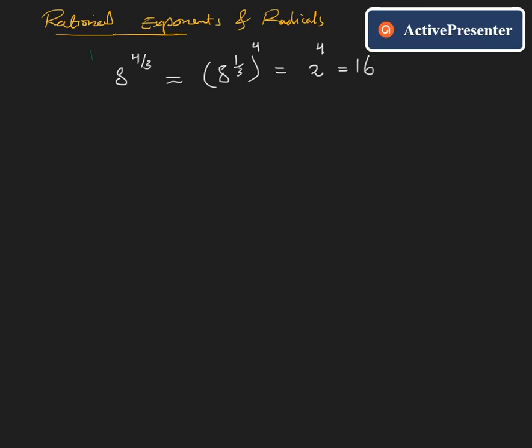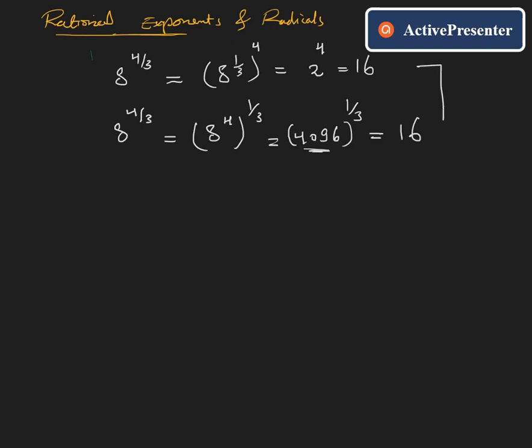Also, 8 to the power 4 over 3 equals 8 to the power 4, all to the power 1 over 3. 8 to the power 4 is equal to 4096. If it is to the power 1 over 3, which is the cubic root of this number, it is equal to 16. So either way is a correct way.